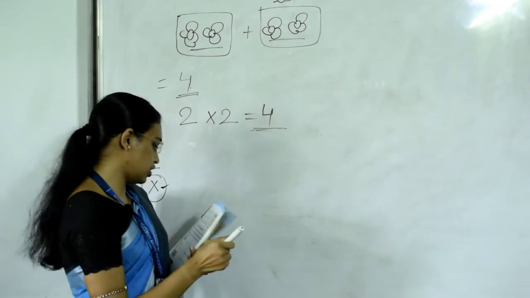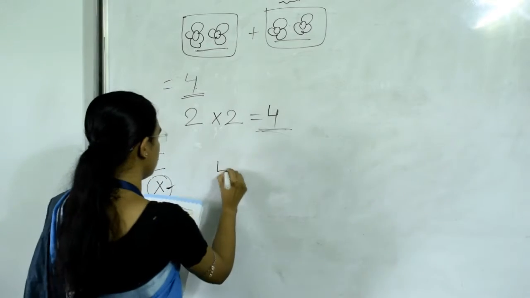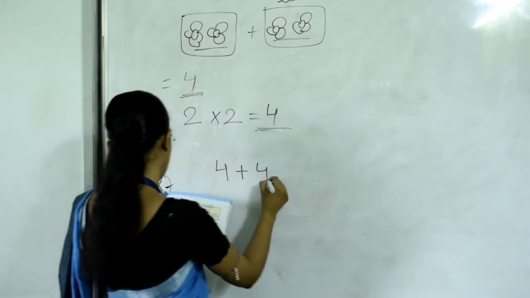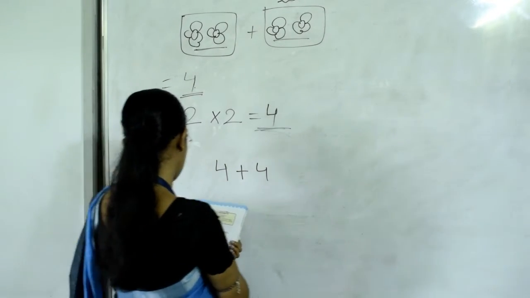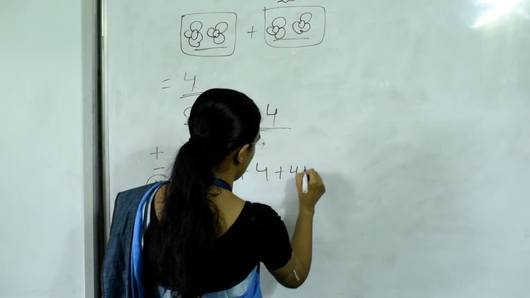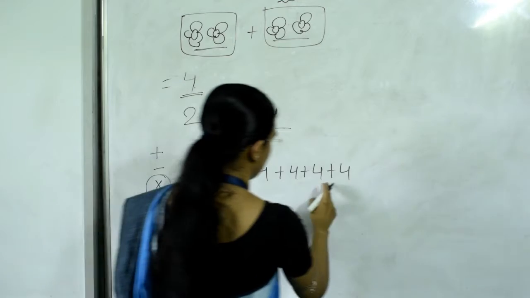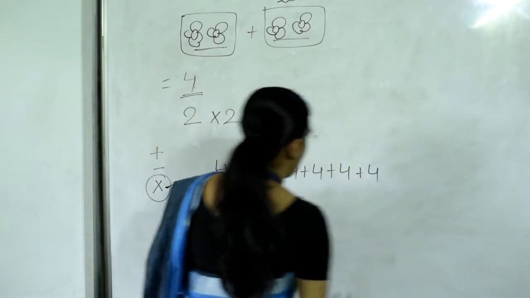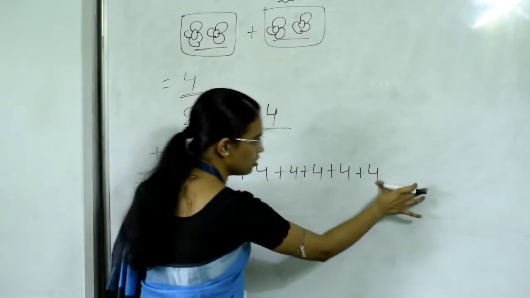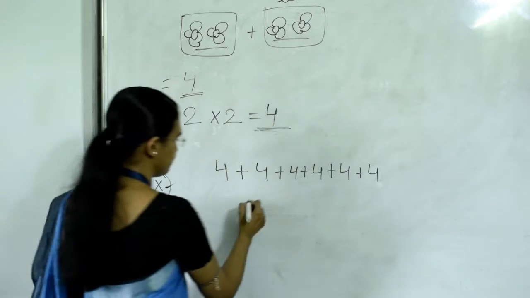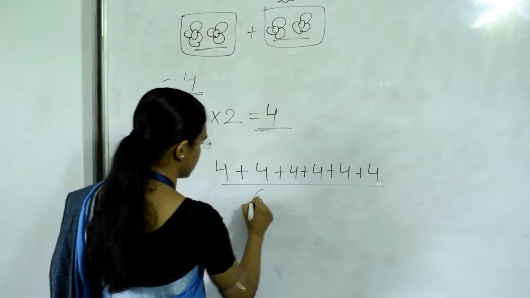So here the question is 4 plus 4 plus 4 plus 4 plus 4. 2, 3, 4, 5, 6. How many times have I written 4? 6 times, right? I have written 4 six times.